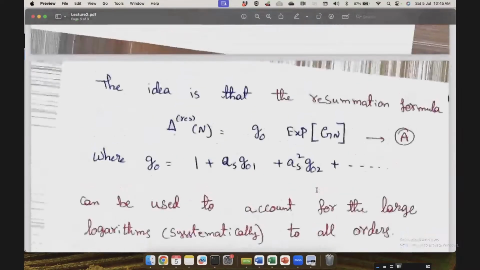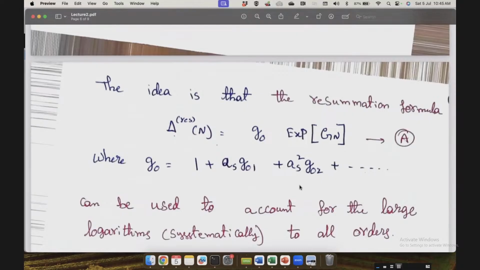Suppose you expand this entire formula, you will have terms like alpha s power 0, alpha s power 1, alpha s power 2. And at each order, if you want to have the NLO threshold corrections, look at only the alpha s power 1 coefficients and ignore all other terms. Okay.